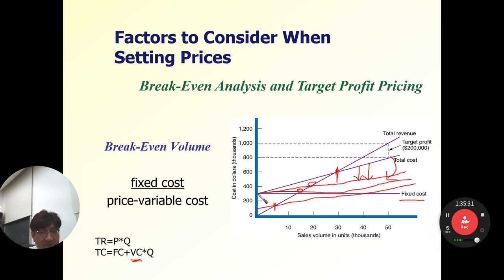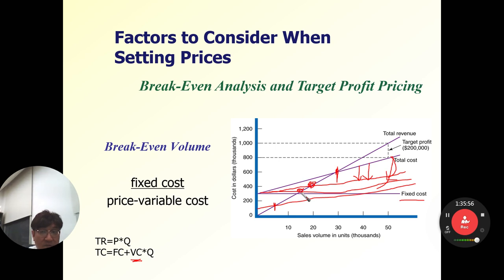But even if you keep the fixed cost at the same level, if you decrease your variable cost, which means that if you lower the slope of the total cost line, in this way, then you will also have a smaller break-even point.